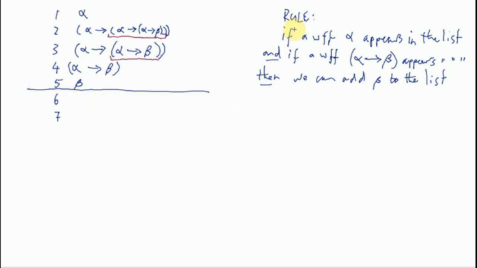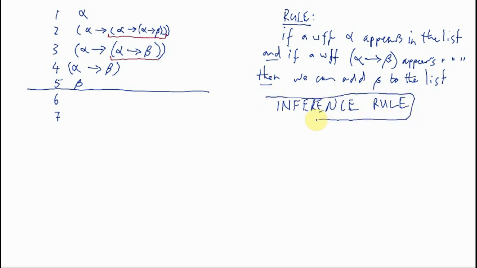Now this rule here I am going to call an inference rule. And for the purposes of propositional calculus, as we'll now call it, that is the only inference rule.